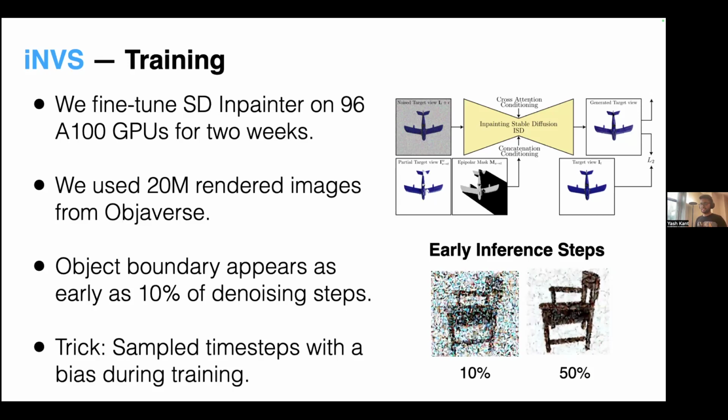The first one is that we notice that the object boundary of our generation appears as early as the first 10% of our denoising steps. So we sample these steps with a slight bias towards early steps in our training method. This is an example of it, where we see that in 10% of the steps, we can see the shape emerging. And in 50%, it is almost as good. So only initial few steps are used for this generation.